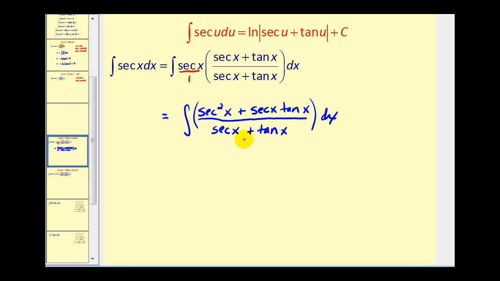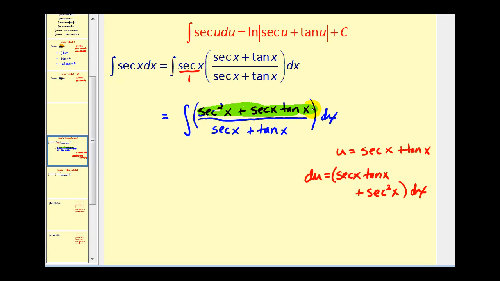Now again, if we set the denominator equal to u, let's see what happens. So differential u is going to be equal to the derivative of secant x, that's going to be secant x tangent x, plus the derivative of tangent x is secant squared x dx. And this works out great because notice that our numerator, secant squared x plus secant x tangent x dx, matches differential u perfectly.